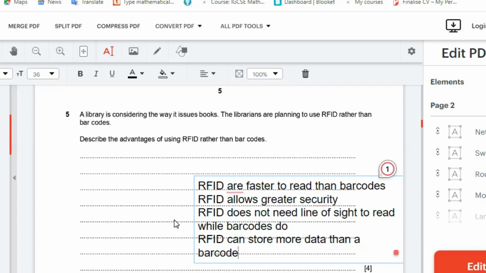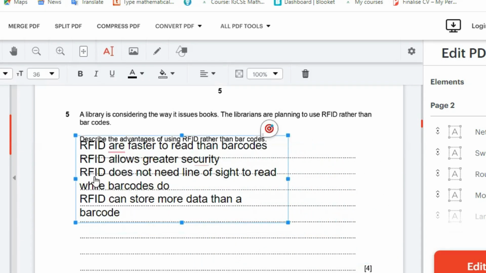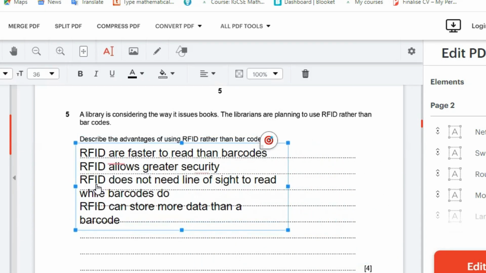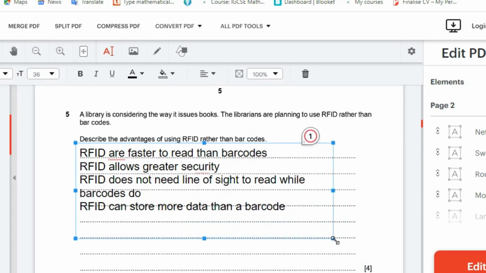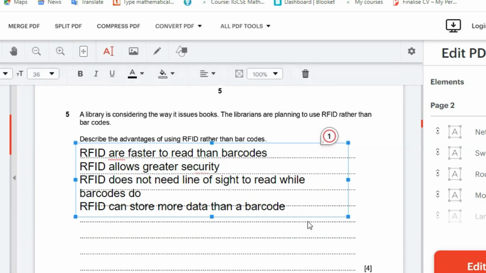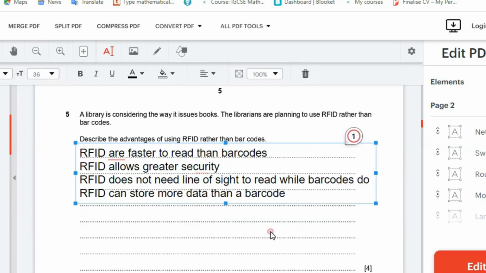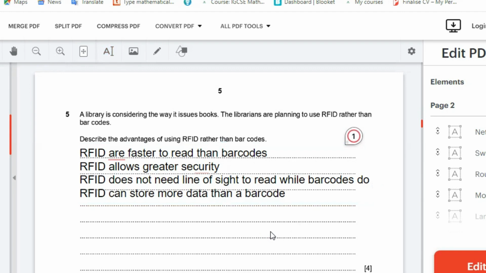All right, so these are 4 advantages of RFID over barcodes. RFID are faster to read than barcodes. RFID allows greater security. RFID does not need line of sight to read, while barcodes do. RFID can store more data than a barcode.